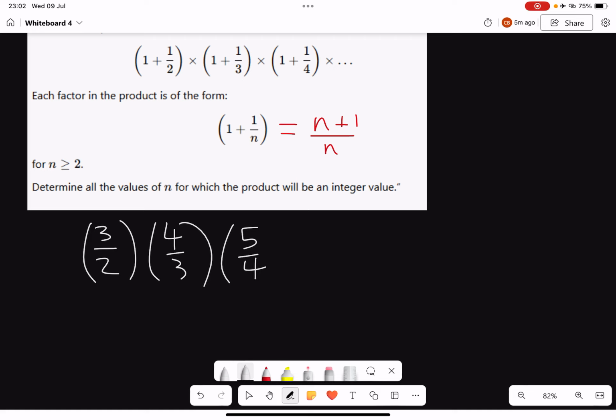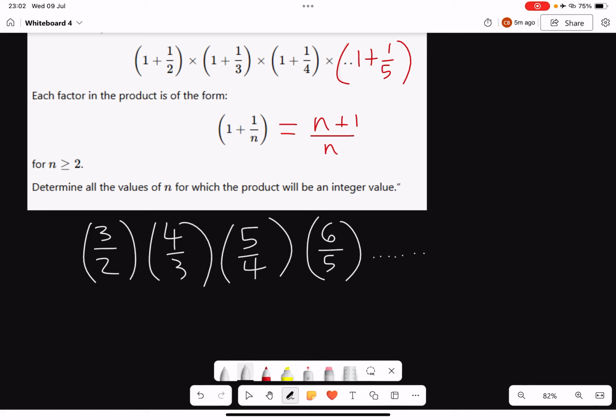If we had another one, we can agree it was going to be 1 plus 1 over 5, right? If you were to add that, you can see it was going to give us 6 over 5. And so on, right?